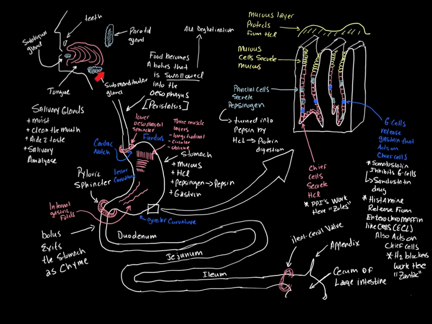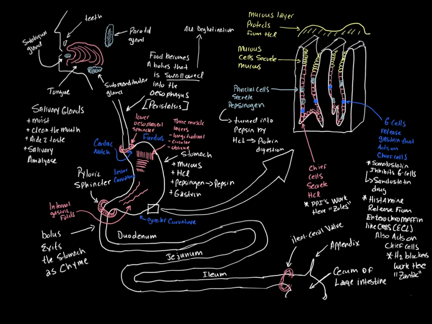You have the submandibular salivary gland, which is right underneath the mandible here. And then you have your parotid salivary gland, which is kind of lateral up in here. If you guys see where I'm pointing to on myself here. And you have these on each side of your mouth.